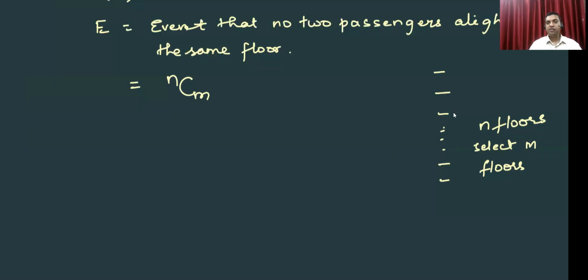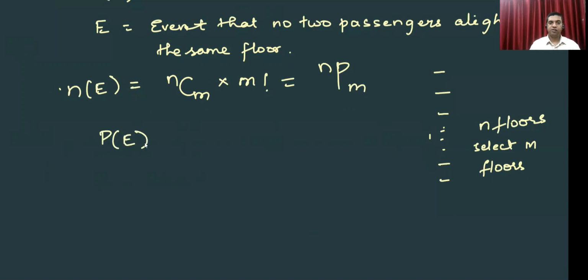Now place the passengers in these M floors, which can be done in M factorial ways. So this is NPM. So n(E) is NPM, and the probability P(E) is NPM by N power M. That's the probability.